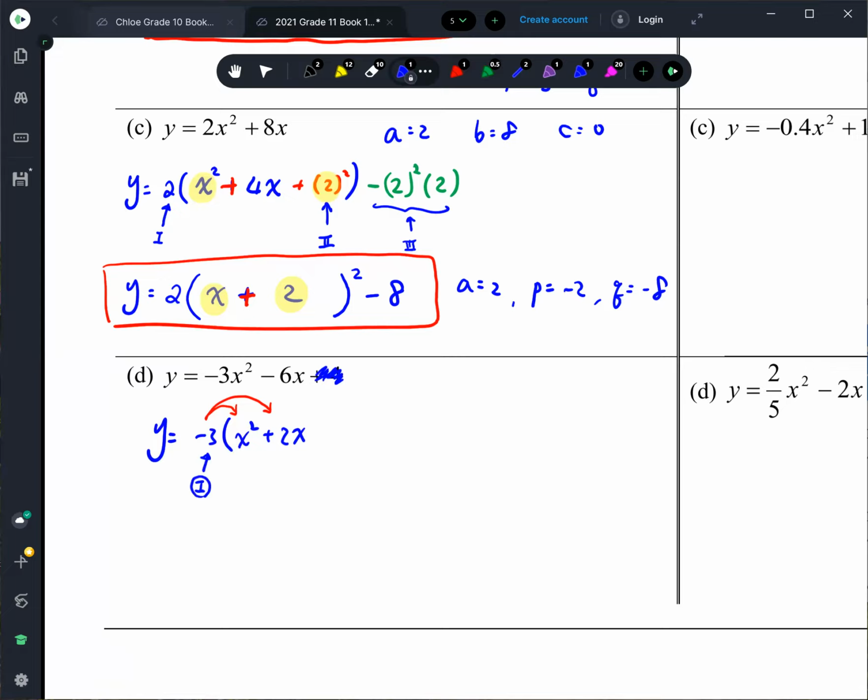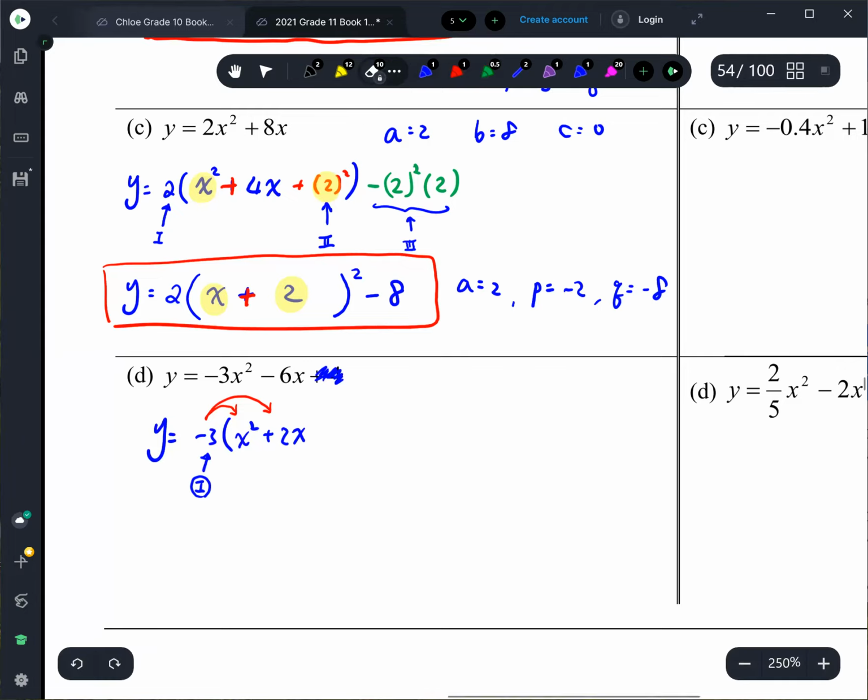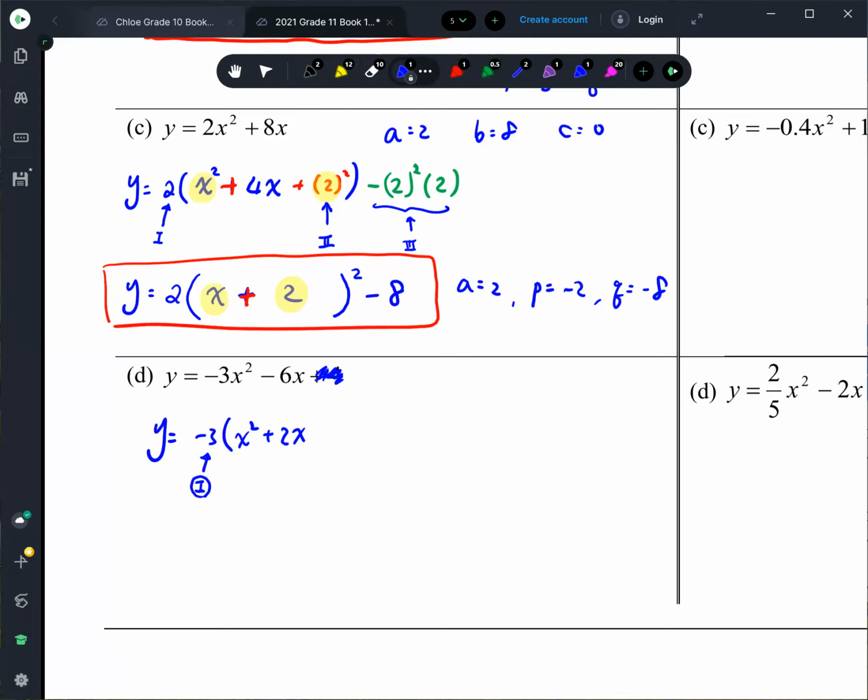Okay, Tony, what is step 2? Step 2, I think it's to divide by 2, right? Okay, which number should we divide by 2 here? 2x. Just the 2. Just take the number, divide by 2. Yeah. Okay, what's 2 divided by 2? 1.